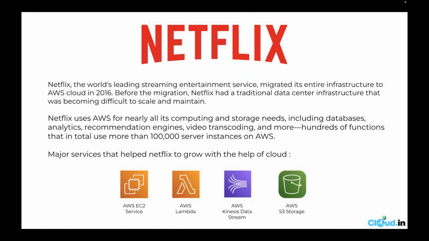So what was the use case, why did Netflix decide to move to cloud? Before moving to the cloud, Netflix had a traditional data center infrastructure that required significant maintenance and scaling efforts. The company's massive user base meant that it needed to handle an enormous amount of data. The data was increasing day by day, and it was getting difficult to handle.